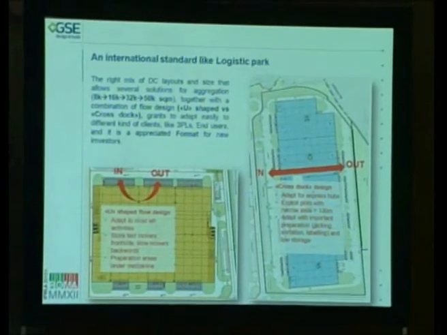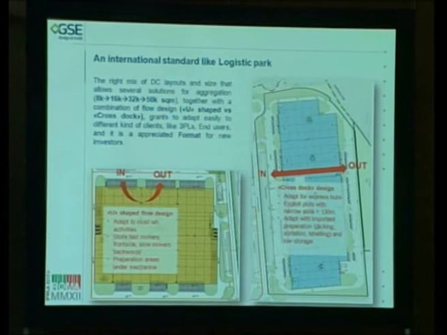This might allow at the same time to operate with a preparation of areas under the mezzanine and to store fast movers goods on the front and slow movers on the backward.